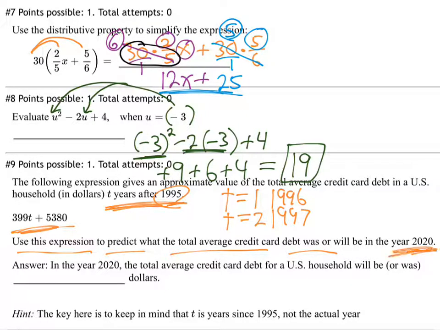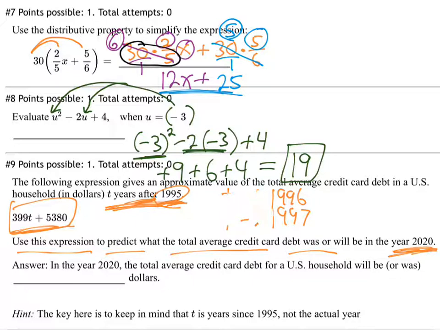They're saying the year 2020. So how can we use this formula? We need to know what T to plug into that formula. We don't plug in 2020, do we? What do we plug in? 2020 minus 1995. Yeah, we've got to find out how many years it is after 1995, because T, remember, is years after 1995.